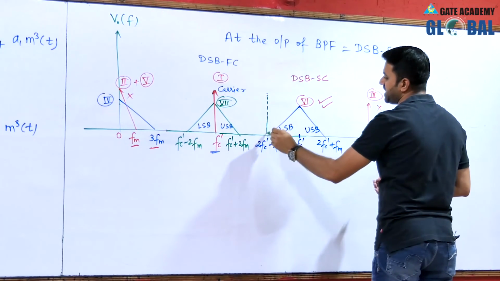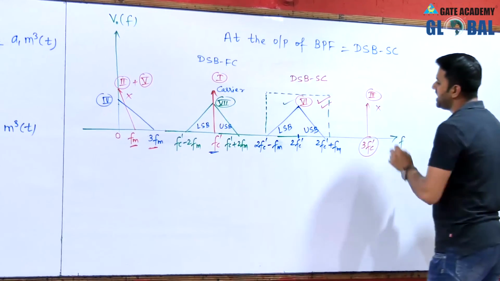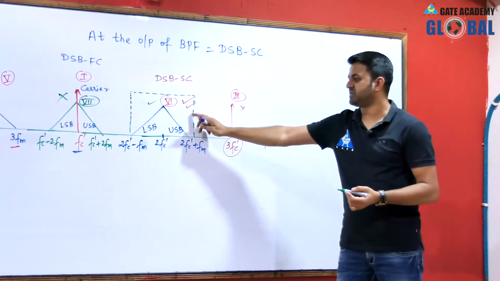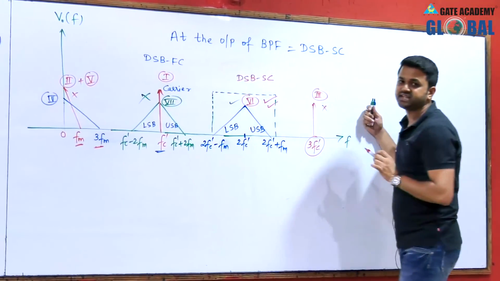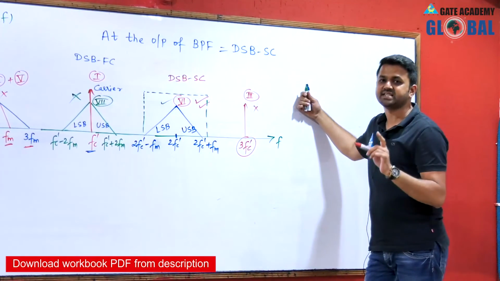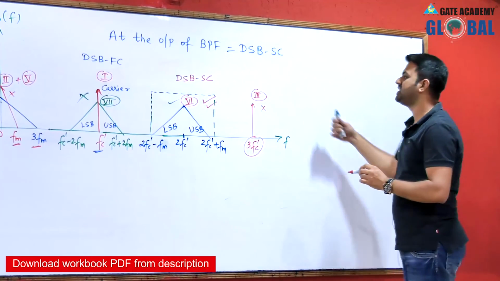We will place the band pass filter in such a way that it passes this particular term and rejects all other terms. So this double sideband suppressed carrier is generated in this way, and it should have center frequency 1 megahertz.